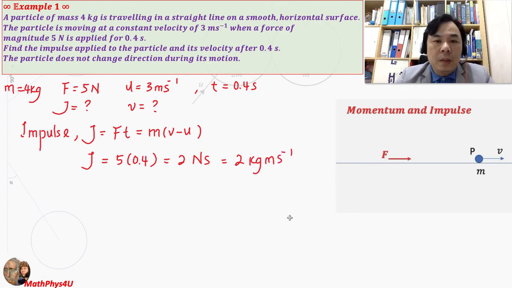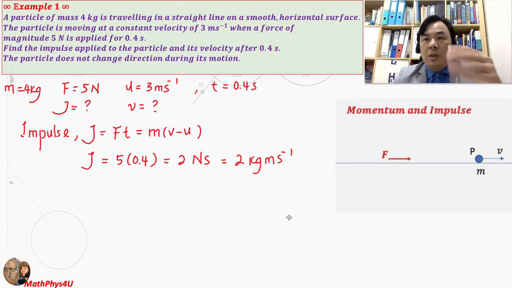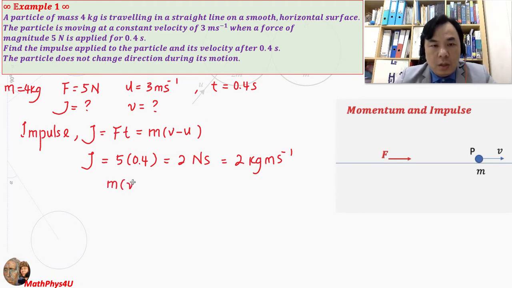So once we have found the impulse, we can make use of the impulse to find out the change in velocity. Here we know that change in momentum is the same as its impulse in this case, which is equal to 2. We have the mass as 4.